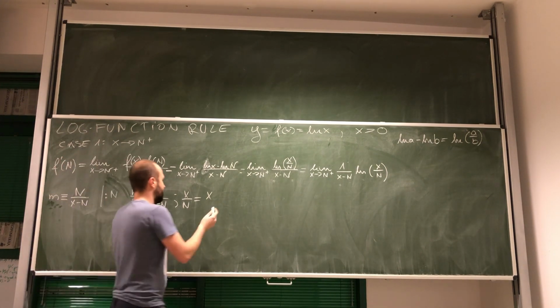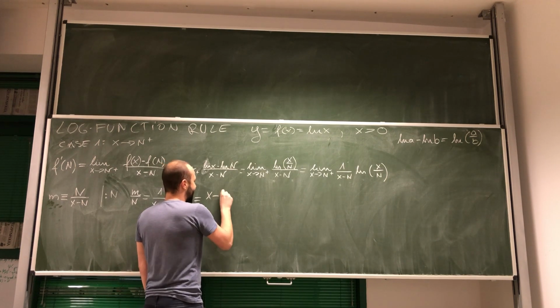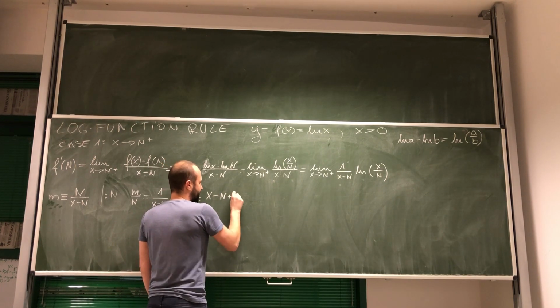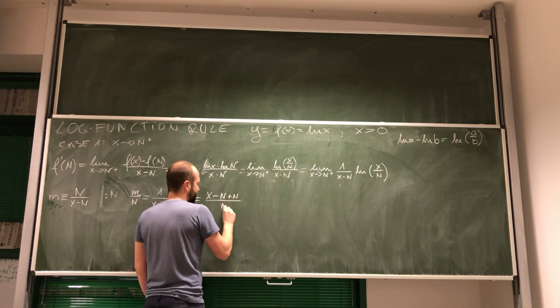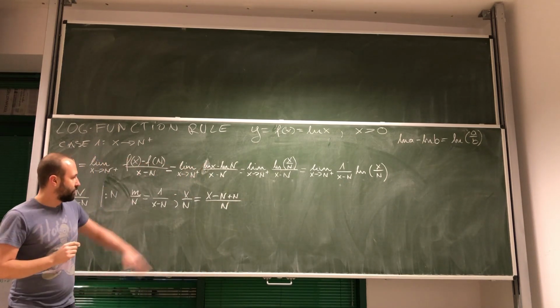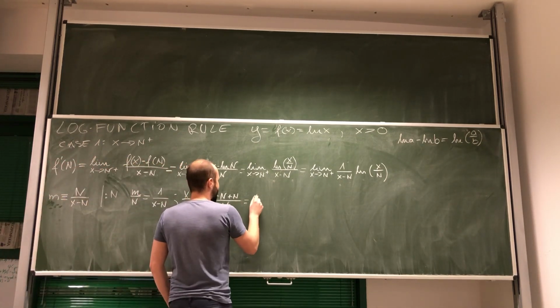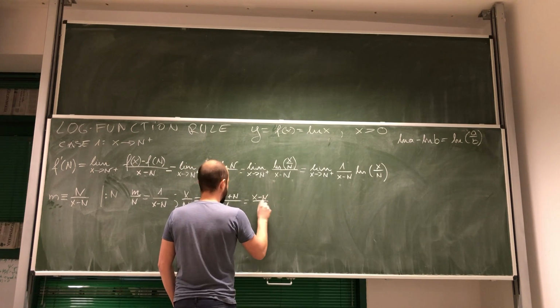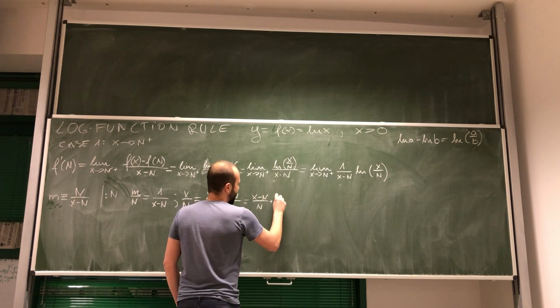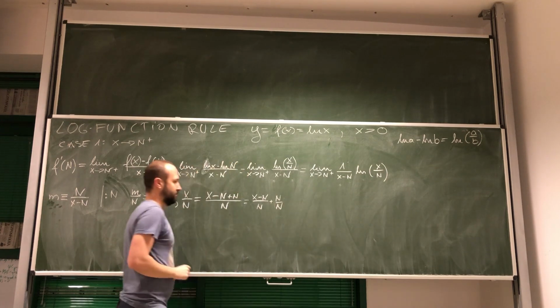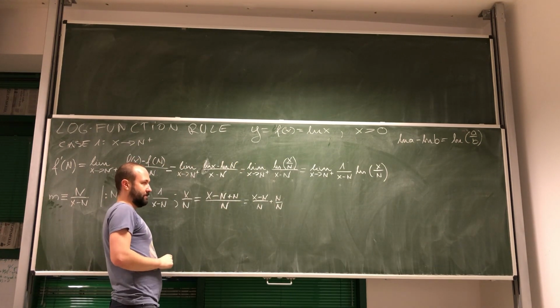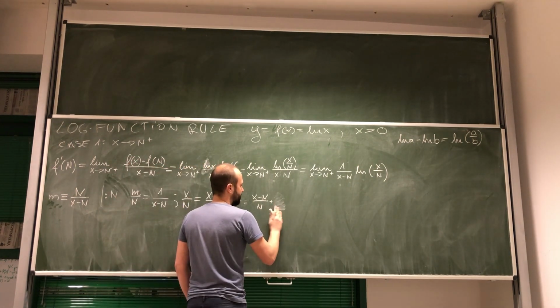Right? So, how about my 0 is going to be negative n plus n, and we divide it by n. Okay, look, this is simply x minus n over n plus n over n. But n over n is 1.